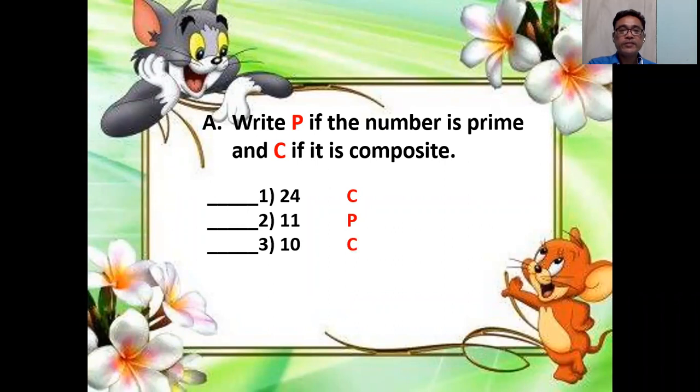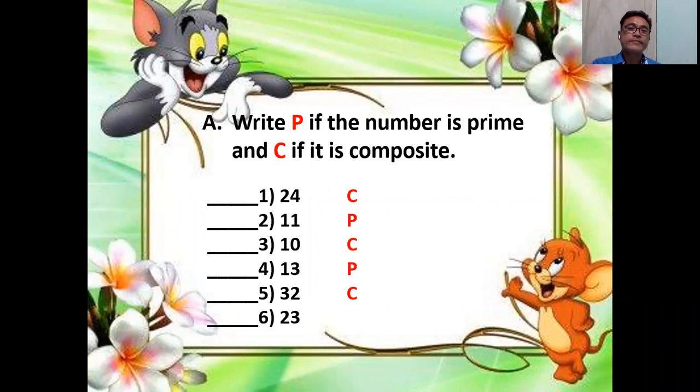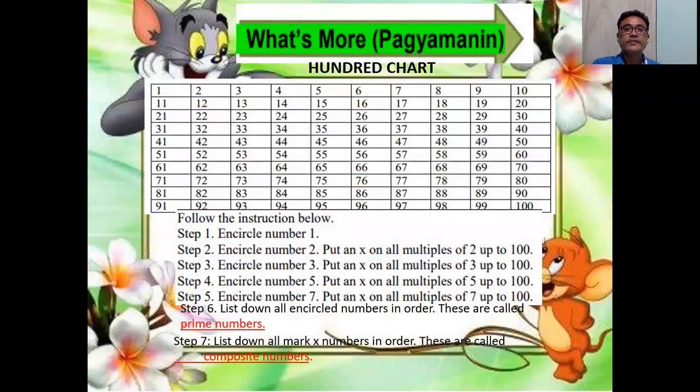If your answer is composite, you are correct. Number 4, 13. If your answer is prime, very good. And number 5 is 32. If your answer is composite, you are correct. Number 6, 23, and it is a prime number.